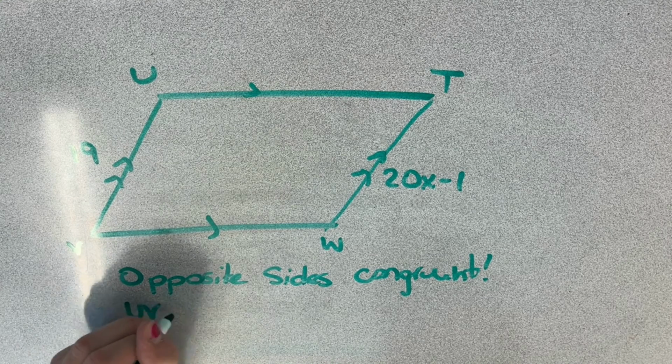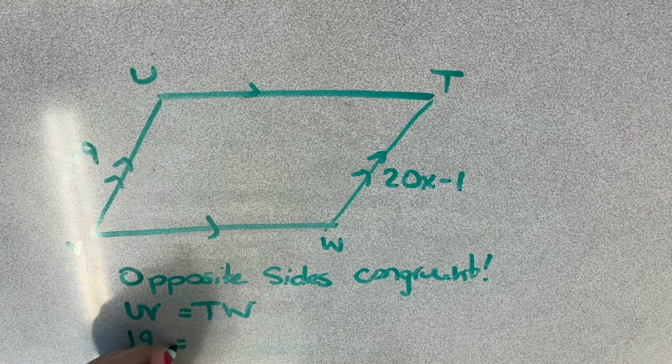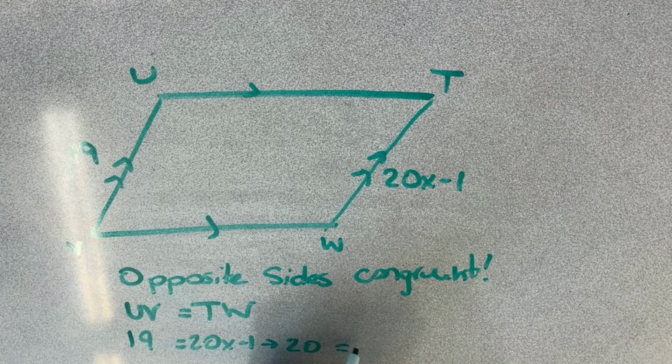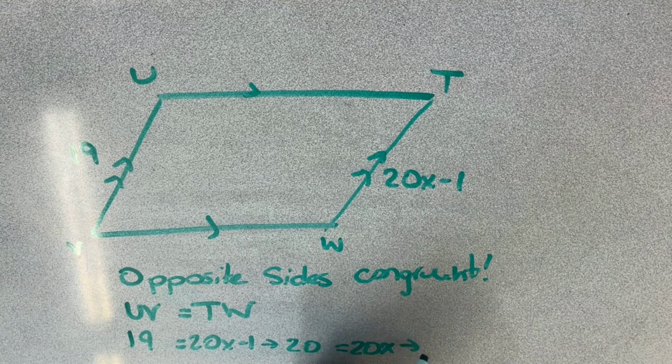So that means that UV has to be the same length as TW. So 19 is equal to 20x minus 1. Adding 1 to both sides gives us 20 is equal to 20x. Dividing by 20 gives us x is equal to 1.